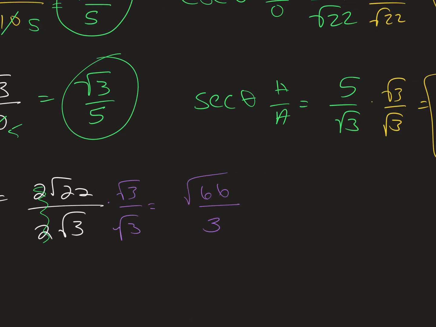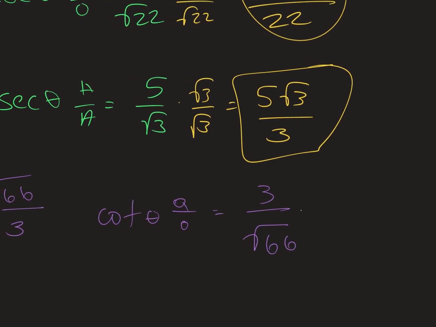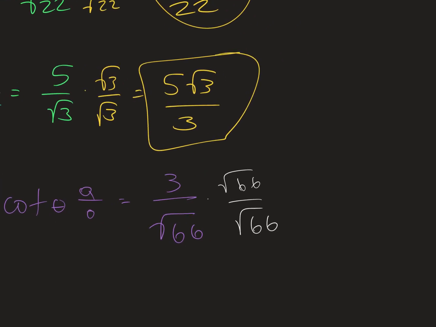So if we're going to do our cotangent of theta, it is adjacent over opposite. I'm going to take my tangent and flip it. So 3 over square root of 66. When I rationalize, what do I end up getting here? 3 square root of 66 over 66. Does that simplify to what?